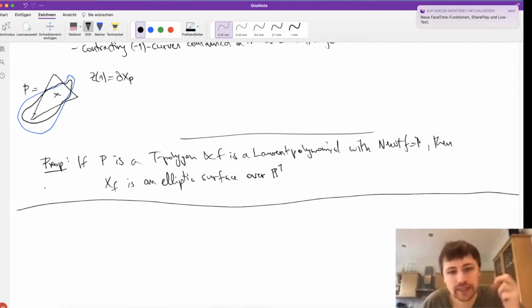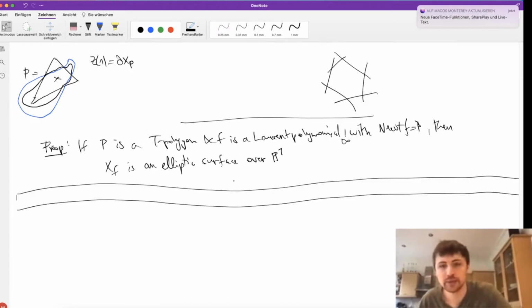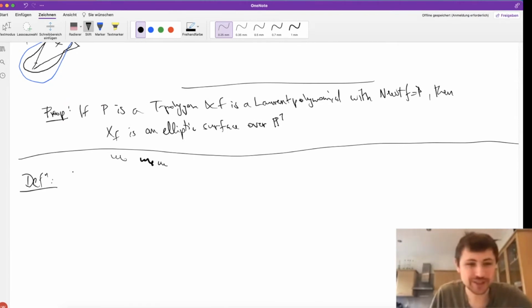But now, let's take a slightly different point of view, because there is a distinguished fiber in this elliptic surface, and that's the fiber over infinity, because that's the fiber that corresponds to the toric boundary. And that's some additional piece of data that we're going to use. So let me make a definition.